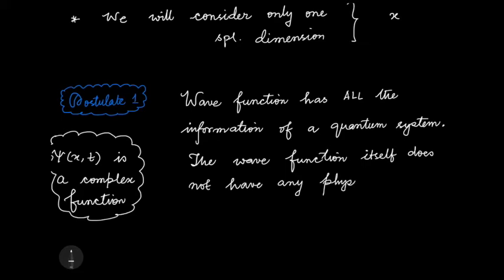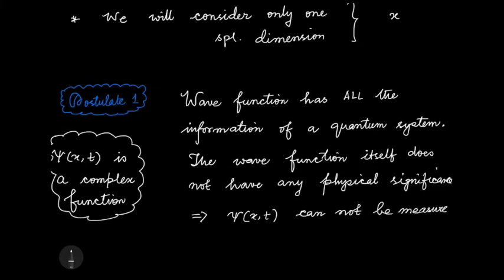What do I mean by that? I do not mean that it does not carry any information which has physical significance. I mean that psi itself does not have any physical significance, which essentially means this implies that psi(x,t) cannot be measured. I cannot measure this.